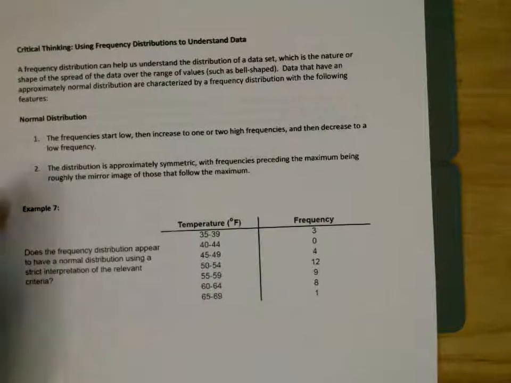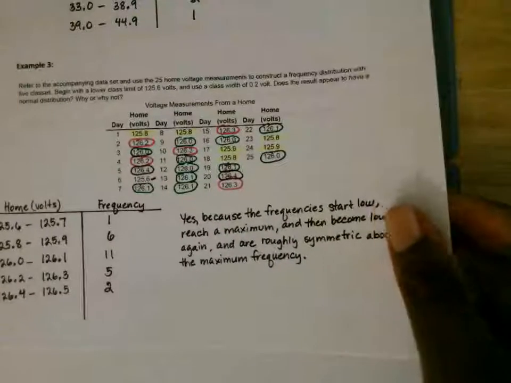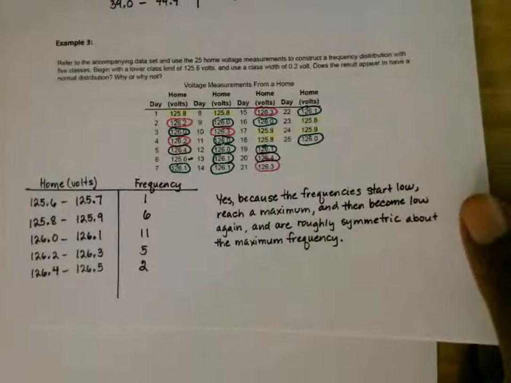Data that have an approximately normal distribution are characterized by a frequency distribution with the following features. Number one, the frequencies start low, then increase to one or two higher frequencies, and then decrease to a low frequency. In example 3, this is where I was talking about the normal distribution.